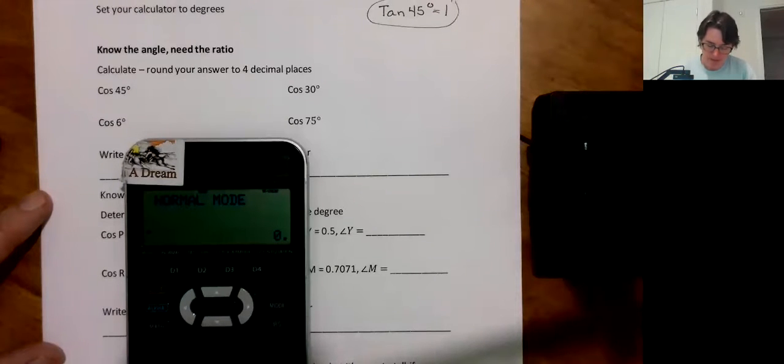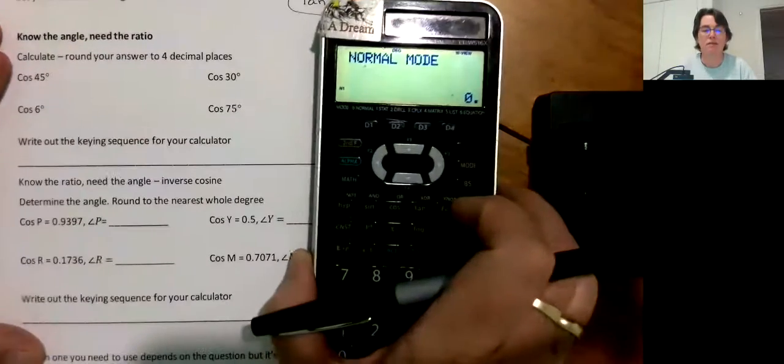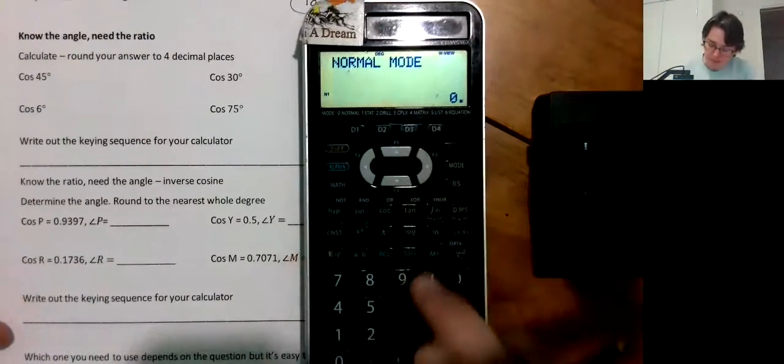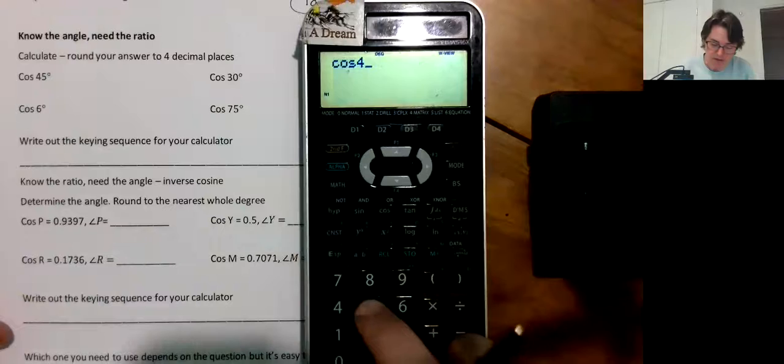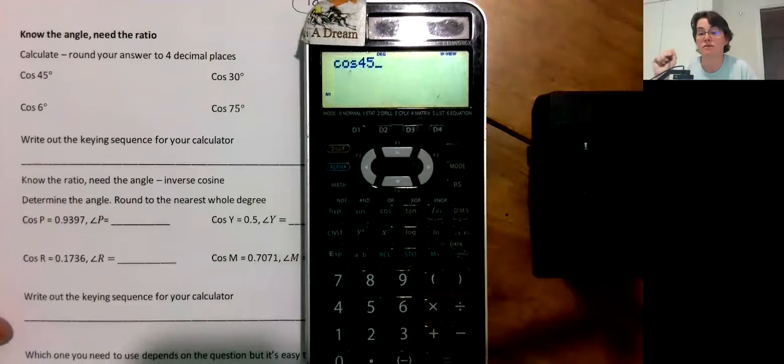All right, anyway, cos. Let me get my calculator up so you can see better. On this one, I go cos 45. Some calculators, you put the 45 in first and then the cos. That's what my phone is like. On this particular one, it goes directly like the question says, so it makes it nice and easy.